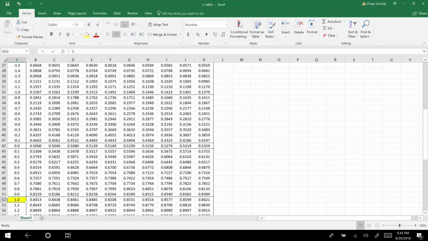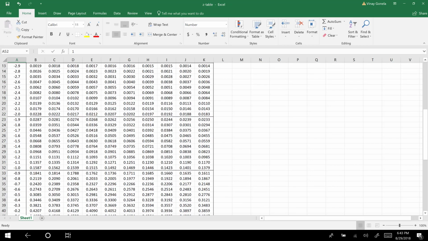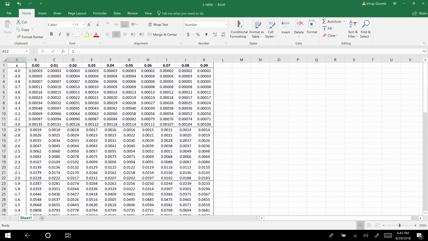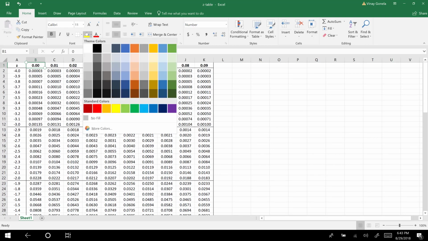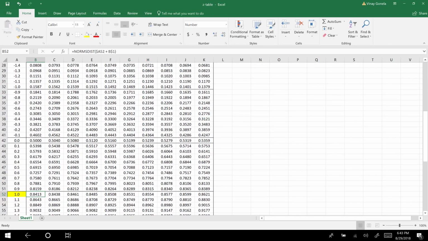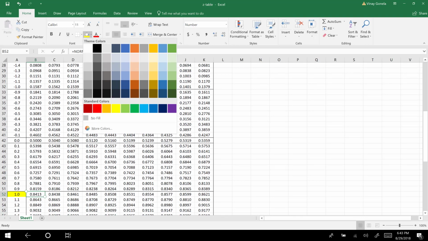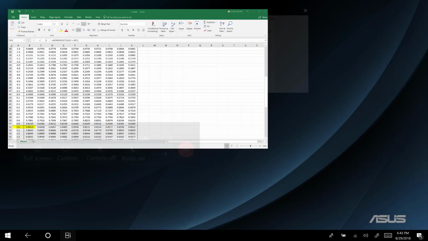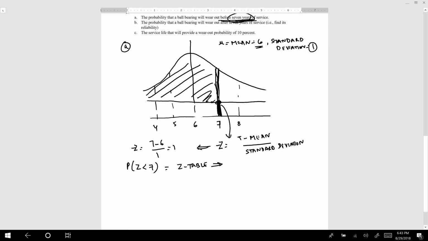Then you have to look at 1.00, and that value gives me 0.8413. So this value from our z table, 0.8413, means we have 84.13%. That means within 7 years the ball bearing will wear out 84.13%.